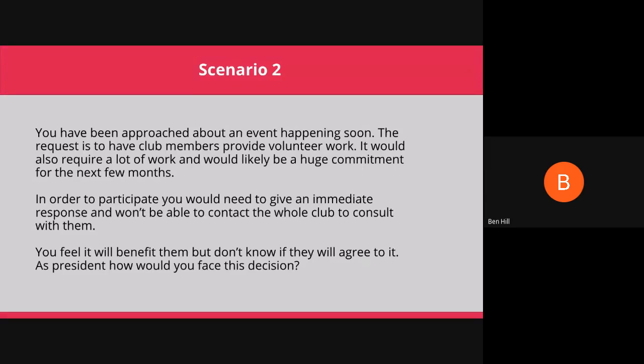A lot of people will give you time to at least contact the club over the next day or two, especially for last minute Rotary opportunities where someone else has pulled out. You generally still have a little bit of time. But yes, for a lot of people, they said if they had to do an immediate response that second, they would say, no, unfortunately, we can't commit to this, which is perfect.